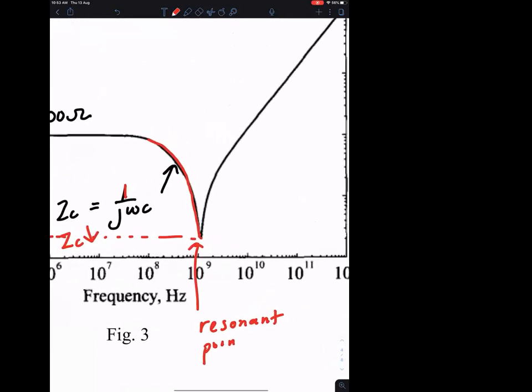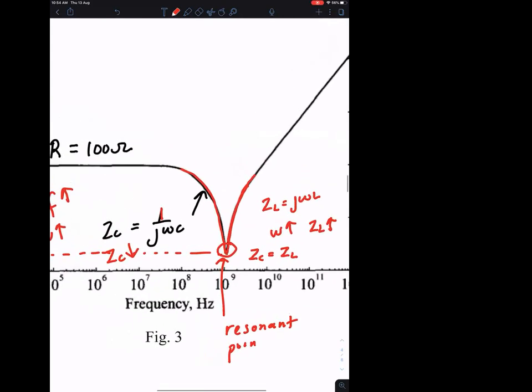After the resonance, it becomes inductive because ZL is j omega L. As omega increases, ZL also increases. So after a certain point, it becomes inductive. At this point, right there, ZC is ZL. Capacitive and inductive reactances cancel each other. At that point, Z is purely real.